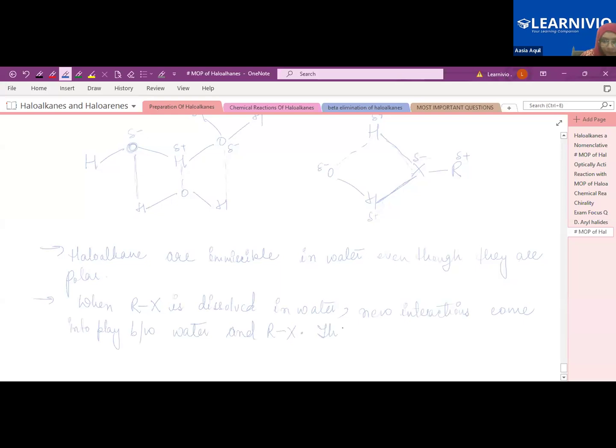So this new force of attraction between water and alkyl halide is much weaker than hydrogen bonding, which is between water H2O molecules.